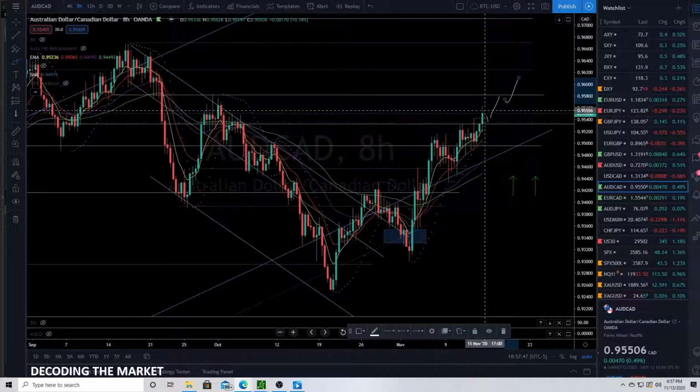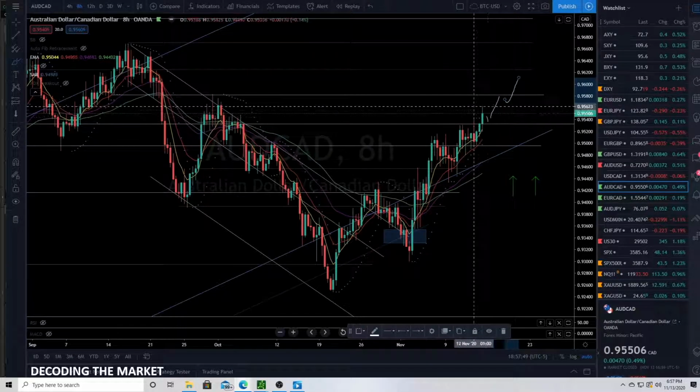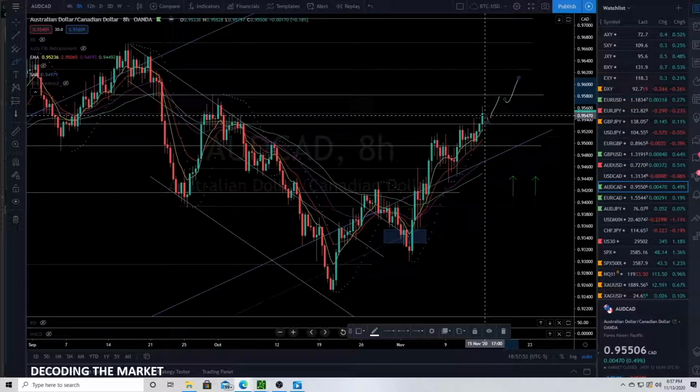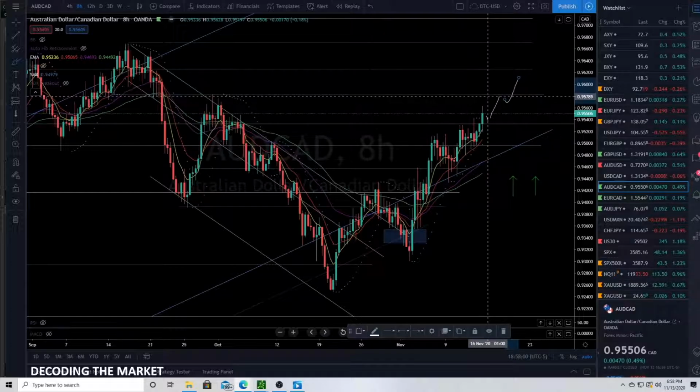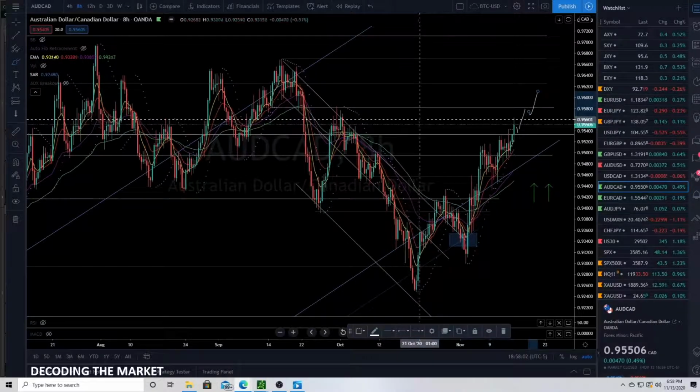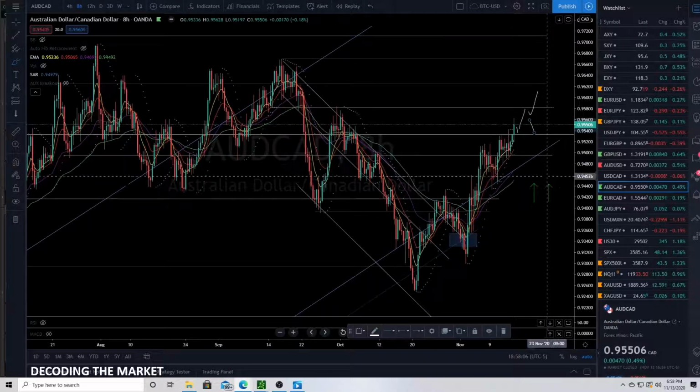Right now, for me, it's not appealing, not inviting to get an entry until we break above this resistance, because you never know if it's going to get another resistance and come back to this level. We don't know.